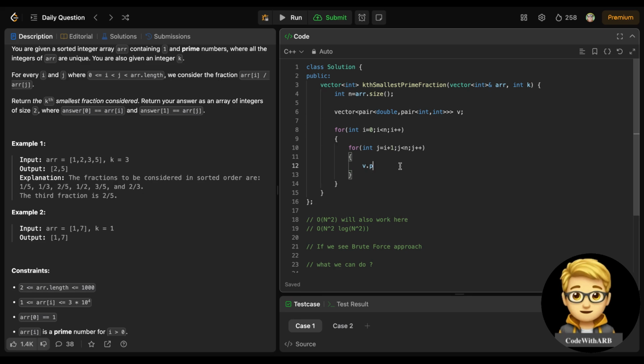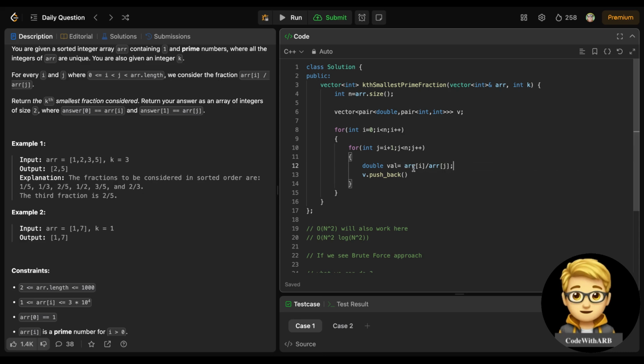So for that, I need to push back this i and this j, both of which are integers, right? But if I store this as an integer, it will not give me a valid answer. So I need to store it as a double, which means I also need to typecast this, because it will give me an integer.